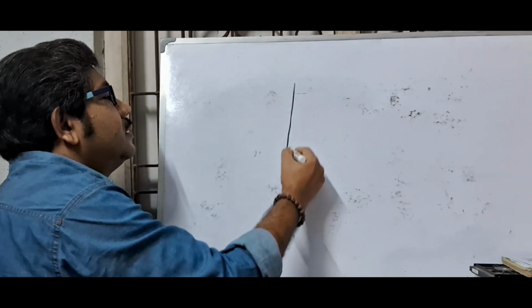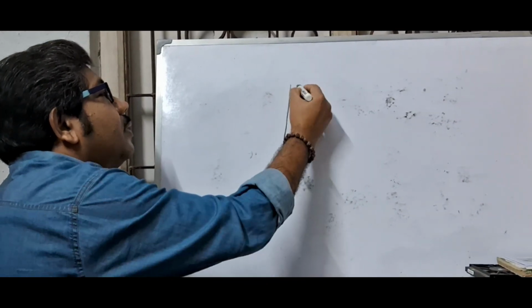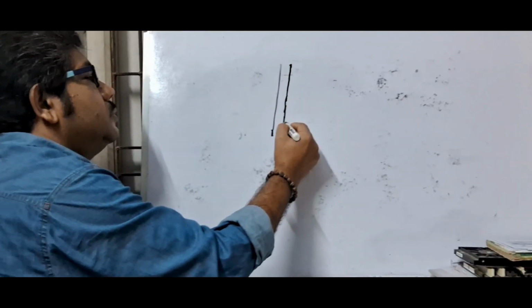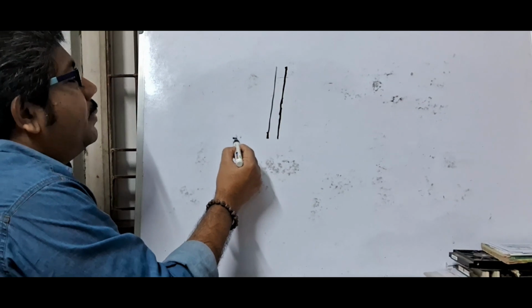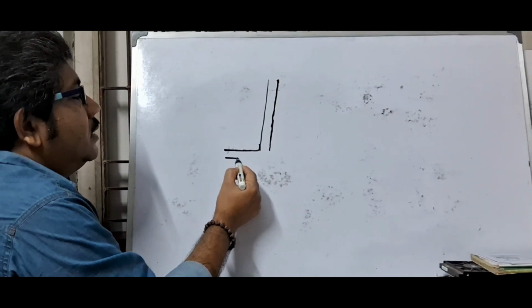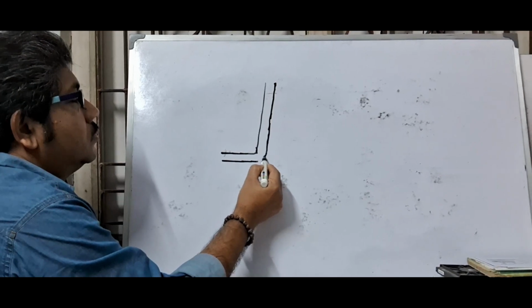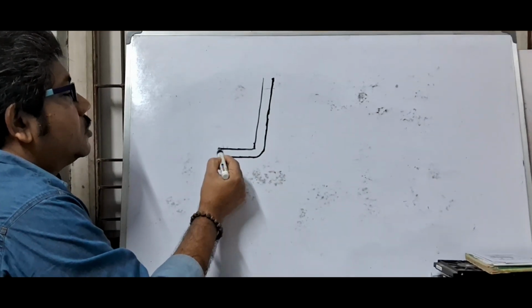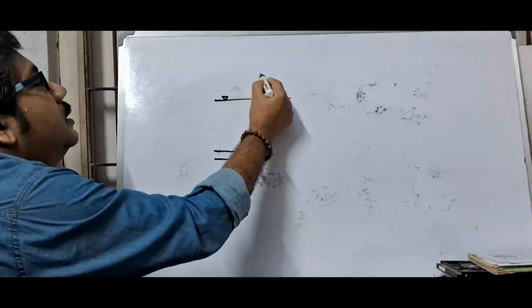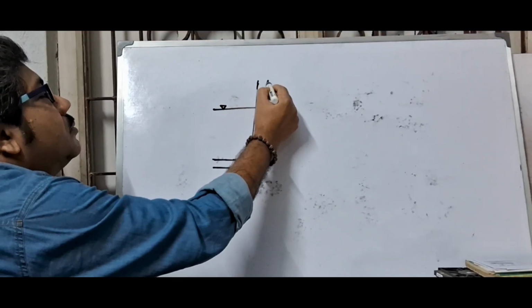This is a vertical tube. This is a vertical tube bent at right angle at the lowest portion. And this is the free surface of liquid.